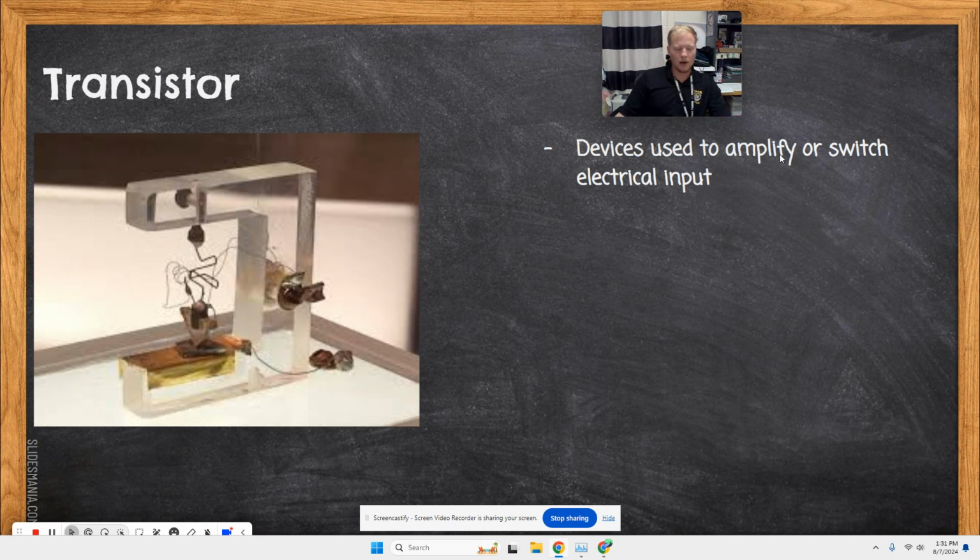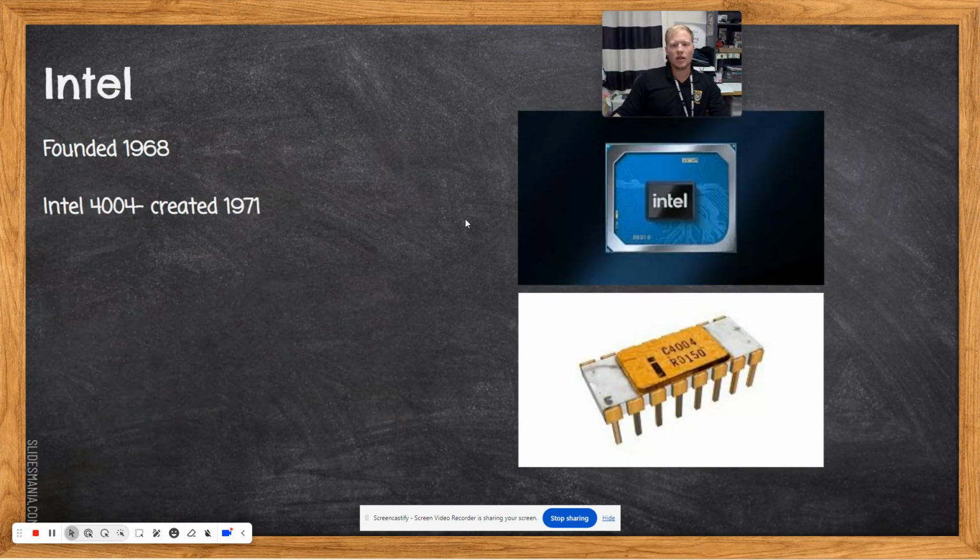And we're going to talk about how to describe a transistor in a little bit. So Intel, when we're talking about Gordon Moore, founded Intel in 1968. He is a co-founder of Intel. Previously, before that, he worked for a guy named William Shockley. Before he worked for William Shockley, he did anti-aircraft missiles.